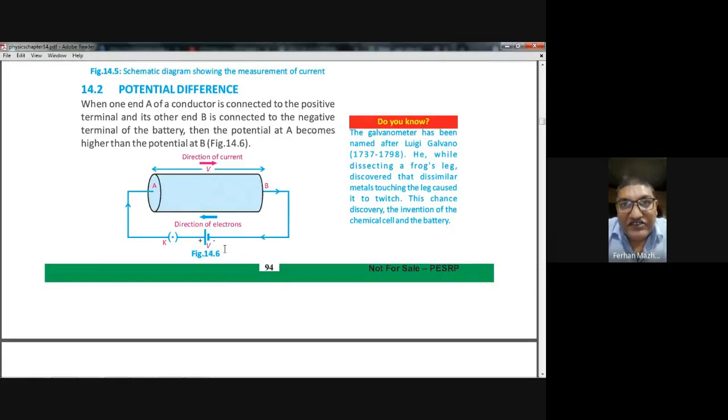The charges coming out of this positive terminal have very high energy, and the charges coming back at this negative terminal ideally have zero energy. Do you understand this basic idea?